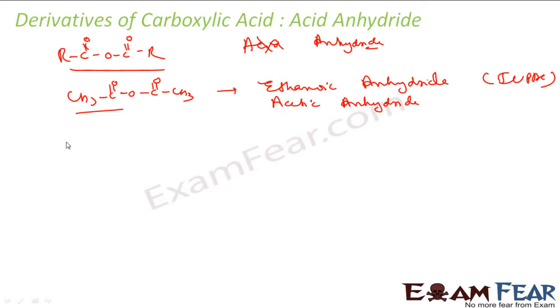For example, if I have two different groups on both sides, and you want to write the IUPAC name, this is ethane, this is propane, so it will be ethanoic propanoic anhydride.